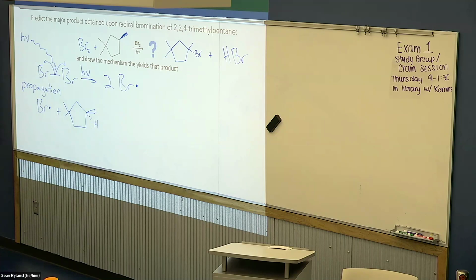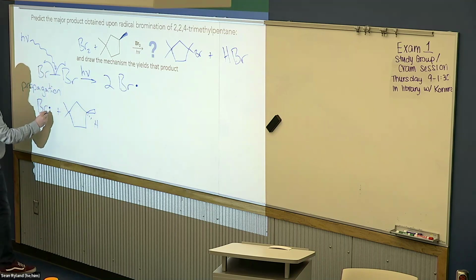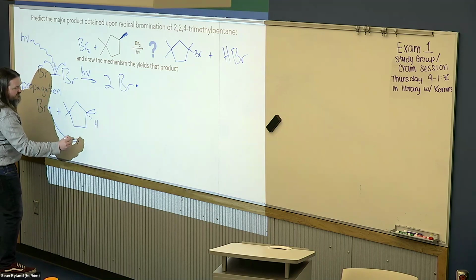In this case, since we're doing a hydrogen abstraction, we probably want to draw the hydrogen out, right? Then, just like we saw here, fish hook, single barbed arrows.